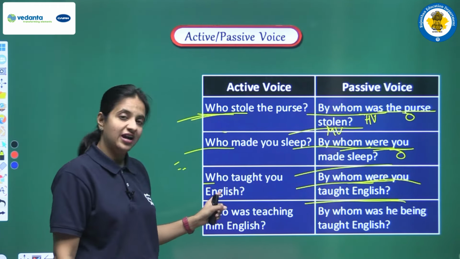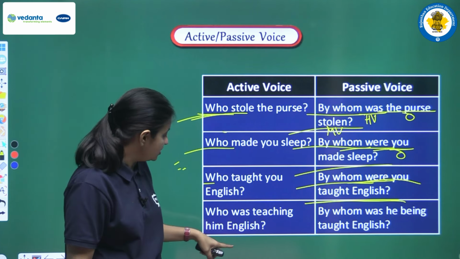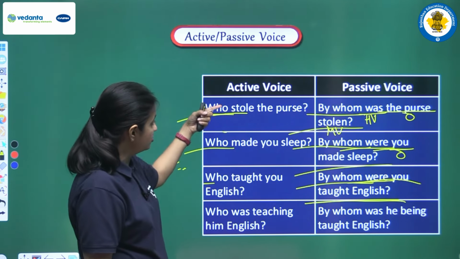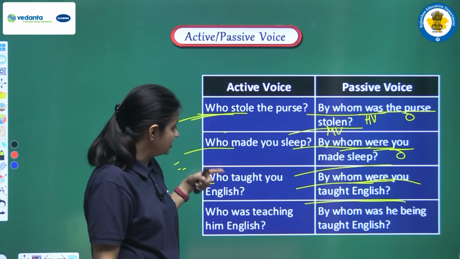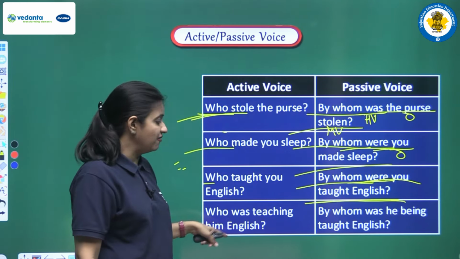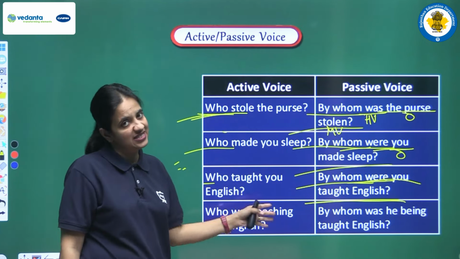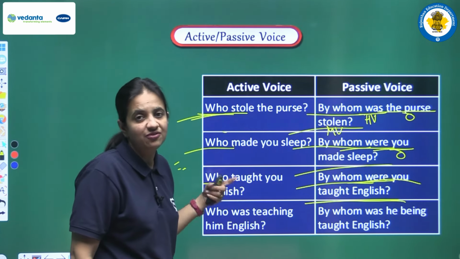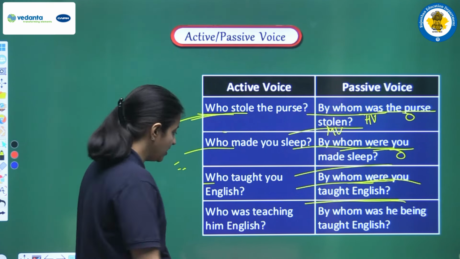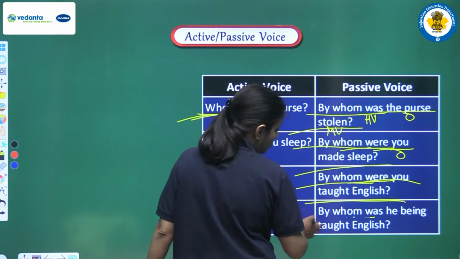One more example we are having here, "Who was teaching him English?" This is a different tense, because in the earlier sentences we were having the past simple tense, but now we are having the past continuous tense. So let's see one sentence of the past continuous tense, but the rules will be exactly the same. "Who" will be converted into "by whom".